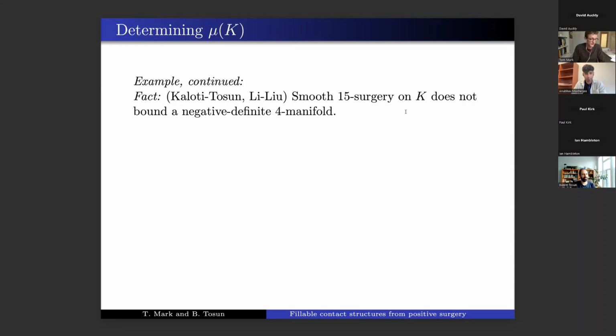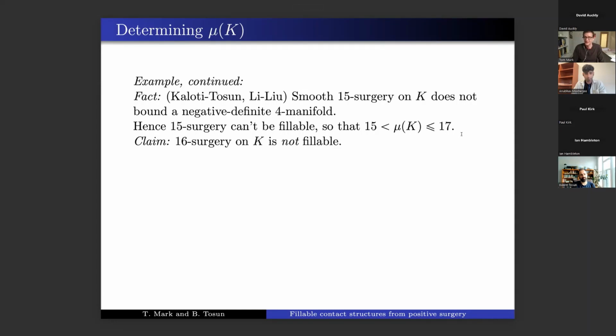This is kind of coming from lattice embeddings and Donaldson's theorem and stuff like that. Okay, but we know that if you have fillable positive surgery, then that thing has to be the boundary of something negative definite. So then the smallest coefficient of fillable surgery is bigger than 15 and no more than 17.